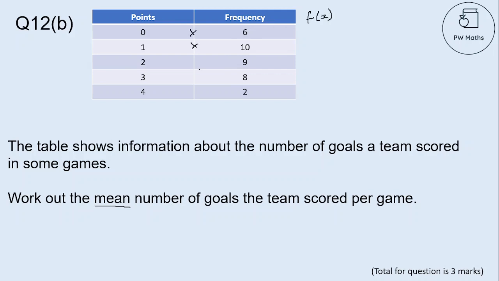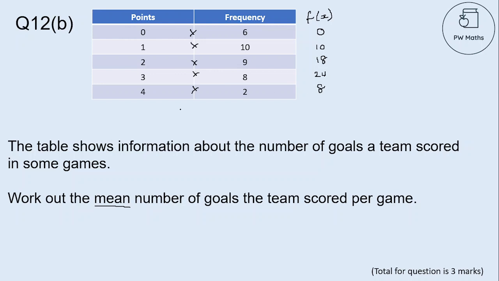So I'm just going to multiply all of these things together to get what goes in this column. Remember, 0 times 6 is going to be 0. 1 times 10 is 10. 2 times 9 for 18. 3 times 8 for 24. And 4 times 2 for 8.